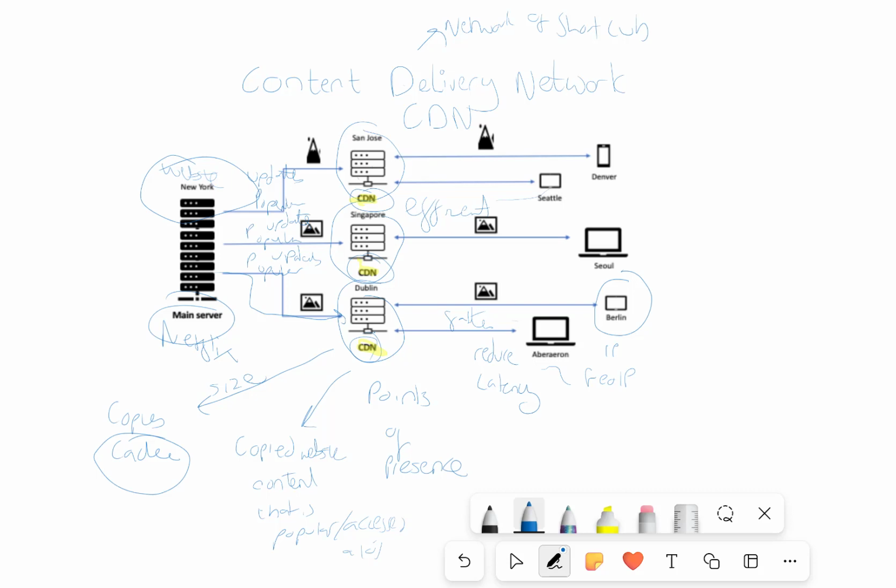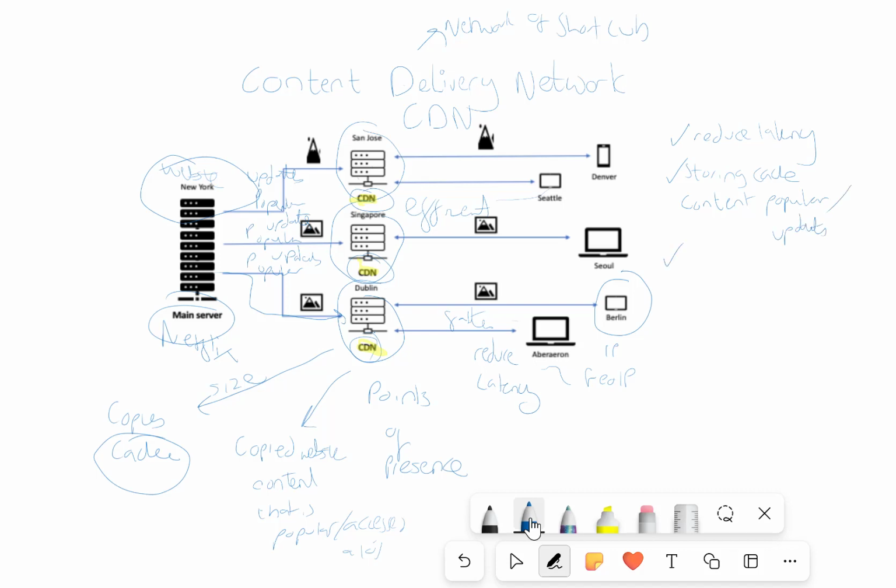So to take away, CDNs are all about reducing latency. They're all about storing in cache content which is popular or accessed the most, and updates.